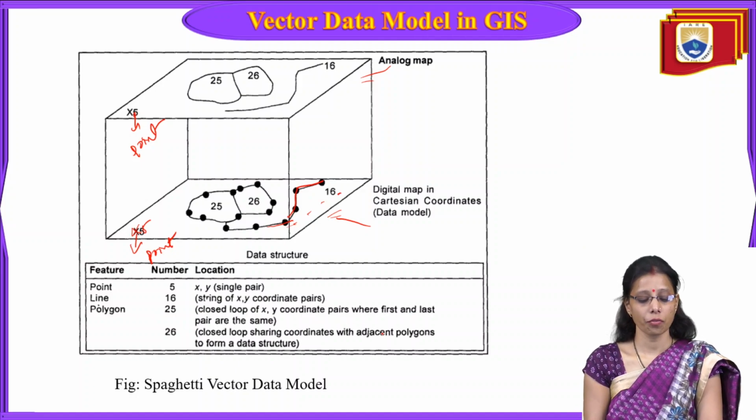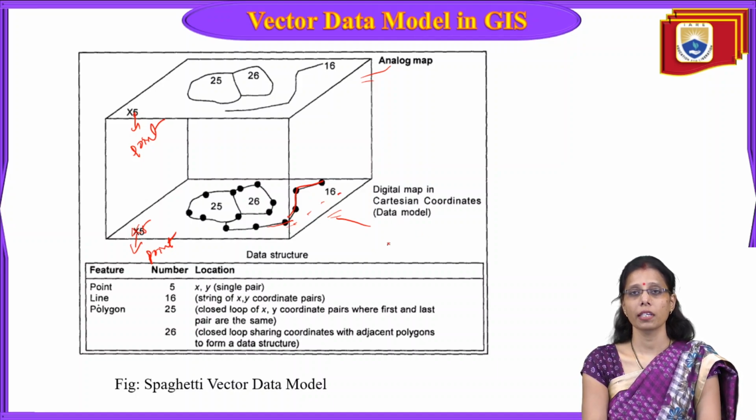Now 26 is a closed loop sharing coordinates with an adjacent polygon to form a data structure. So this is how the spaghetti model looks. It is a very simple model, and each side of each entity has a single identity. It is not combined with the other one. That is why this is called a spaghetti model.